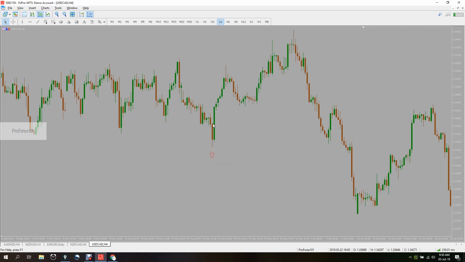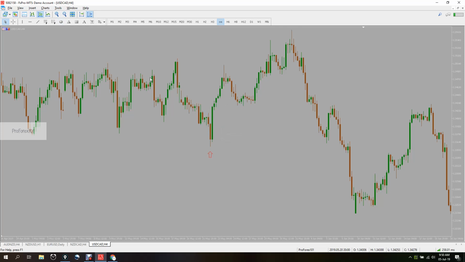We closed way above the previous open. These two candles are the signal candles, and is the whole signal bigger than the previous candle? Yes. Great. What happened? Went long. Reversal signal.